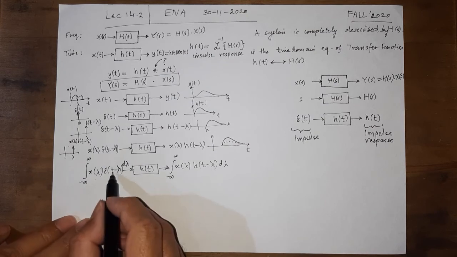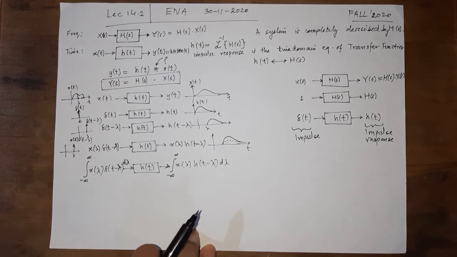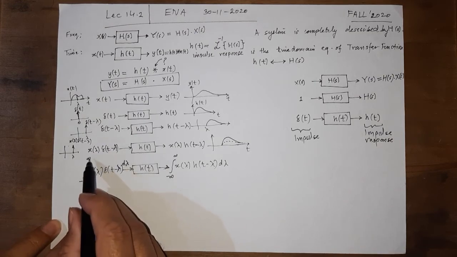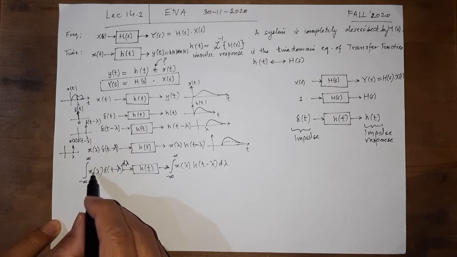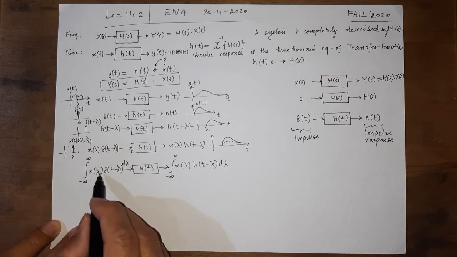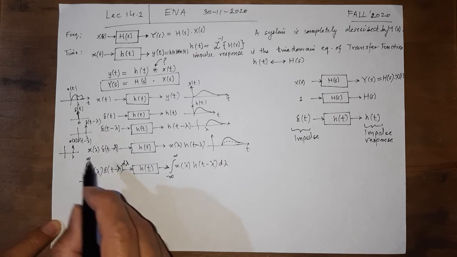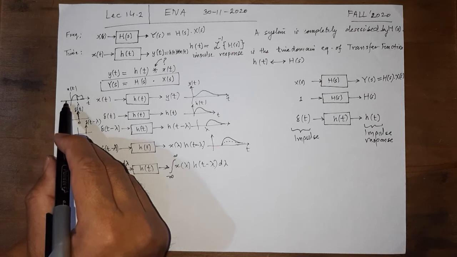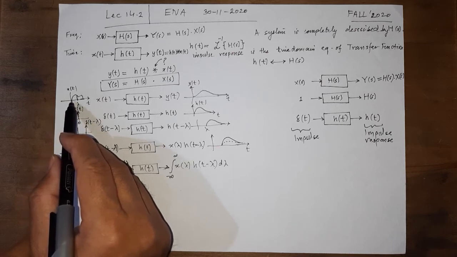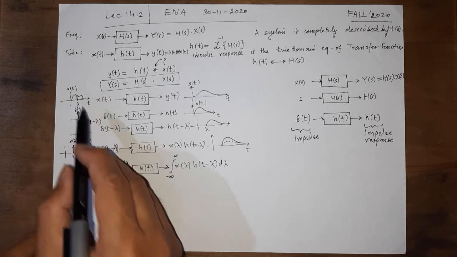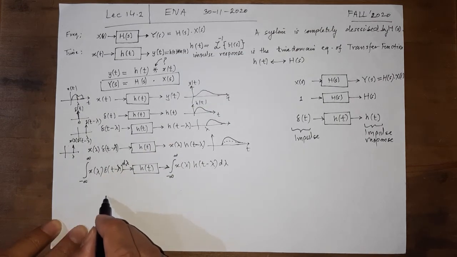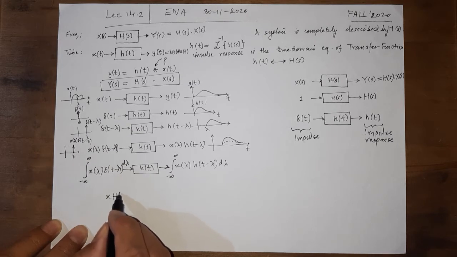And what is this thing? Pay close attention to what this is. When we take the values of lambda from minus infinity to infinity, take the values of x at those values of lambda and multiply by the unit impulse, then you see, for all the possible values of lambda we are going to construct the input function x of t itself.